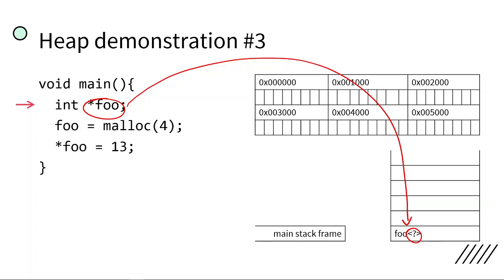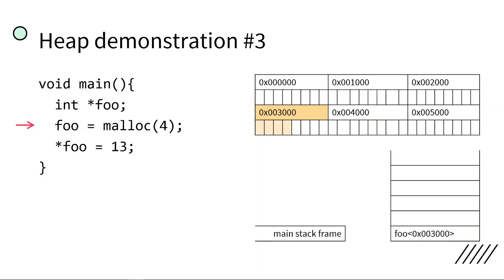The next line, nag-assign na ta og value sa iya, which is basically malloc 4 because foo is an integer. That's why we allocate 4 bytes of memory. So after that, as you can see, ang value ni foo kay memory location sa atong heap, which is 0x003000.